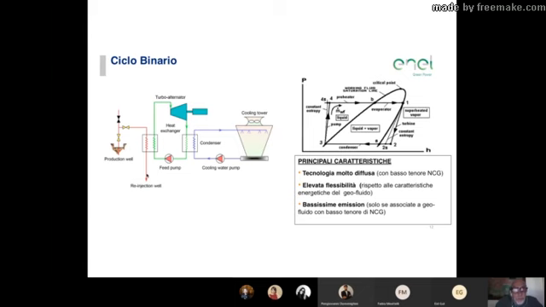So practically, just to make a rule of thumb, to produce 4 times less electricity, you need to circulate 4 times more geothermal water. Why is this?